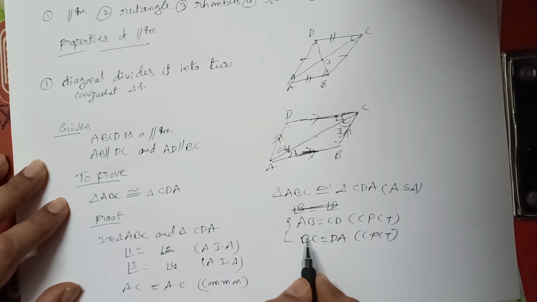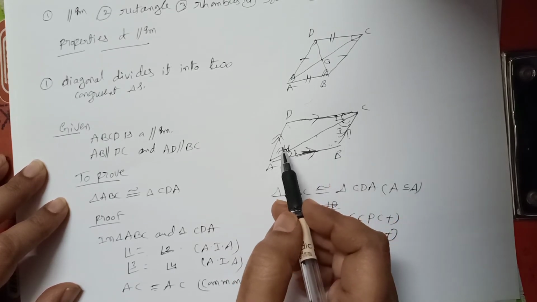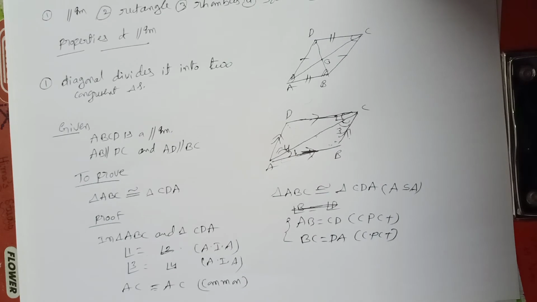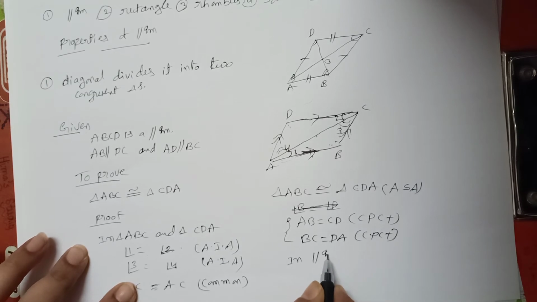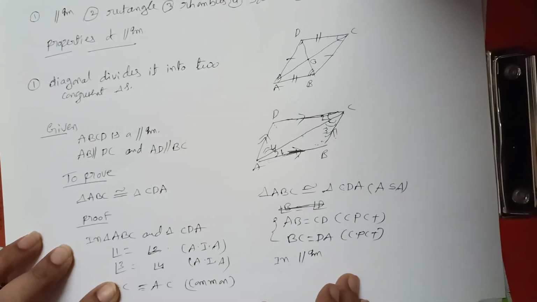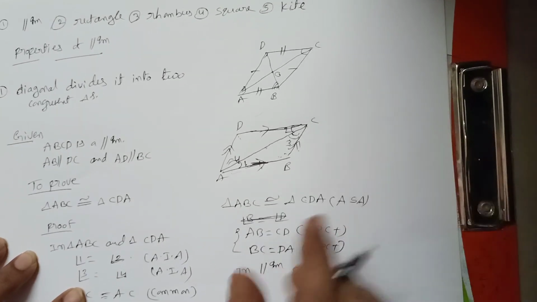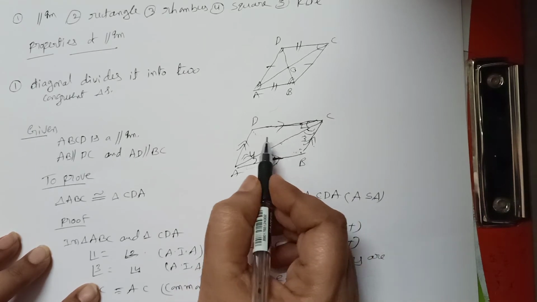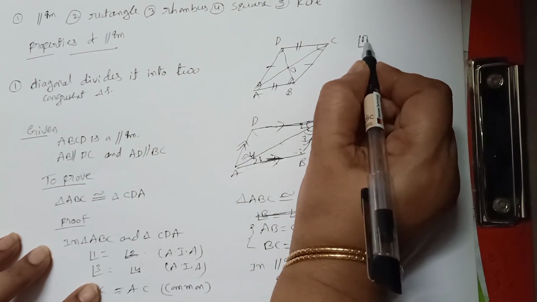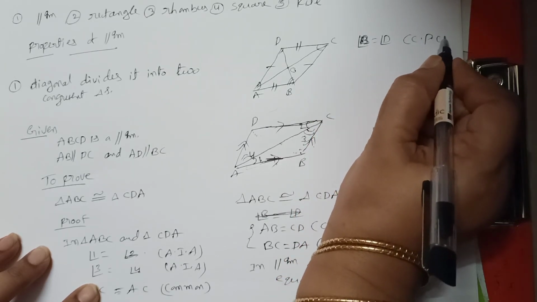So that means AB, CD is one pair of opposite sides. BC, DA is another pair of opposite sides. That means you can say that in parallelogram, opposite sides are equal. Now angle B is equal to angle D. That is also corresponding parts of congruent triangles.